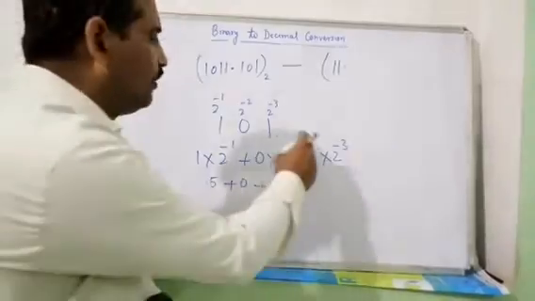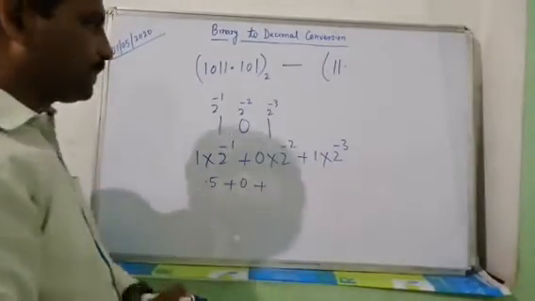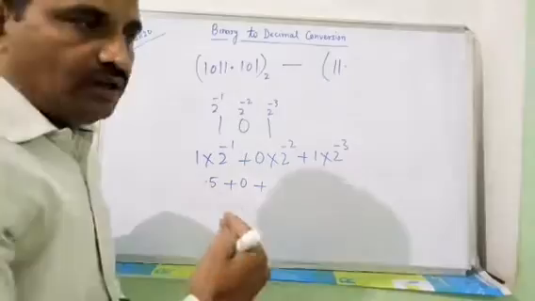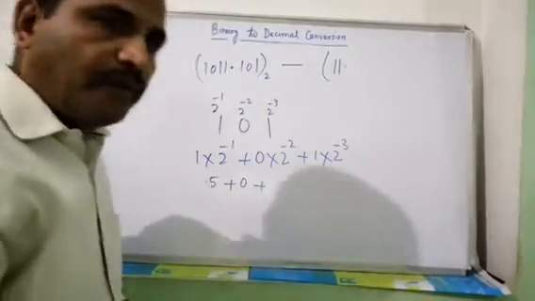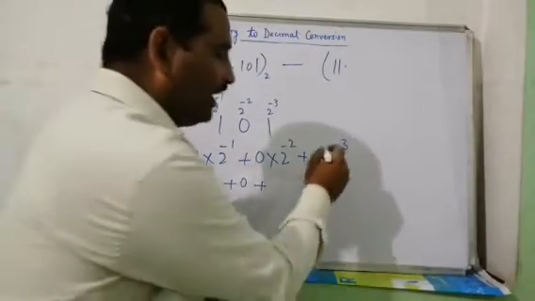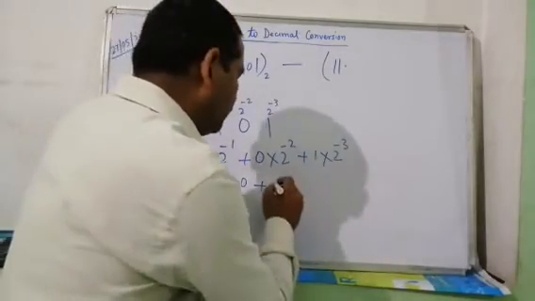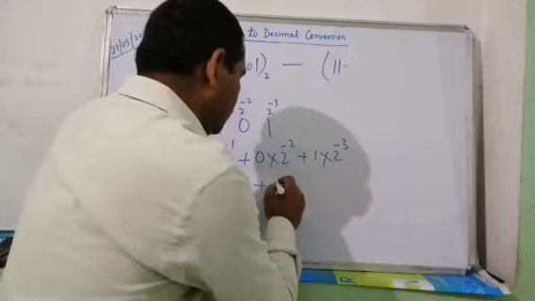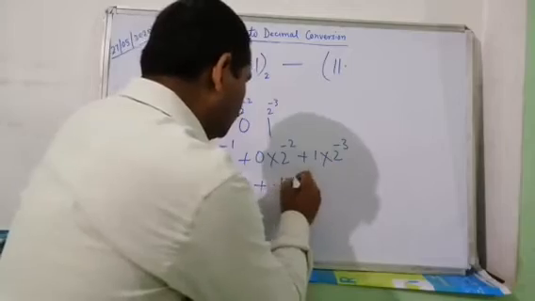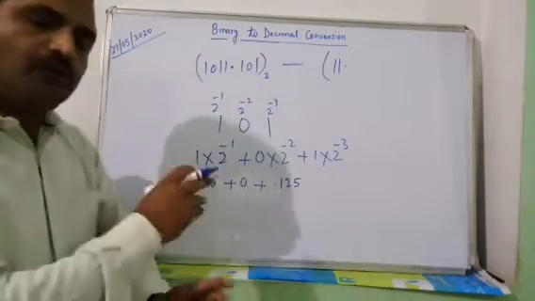Plus 1 into 2 to the power -3. So 2 to the power -3 means 1 upon 8. When we simplify 1 upon 8, it will be 0.125. So 0.125 into 1 will be 0.125.